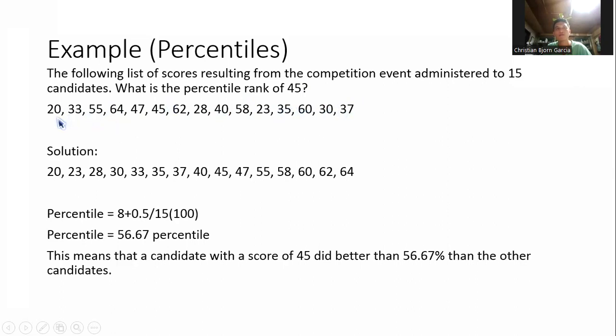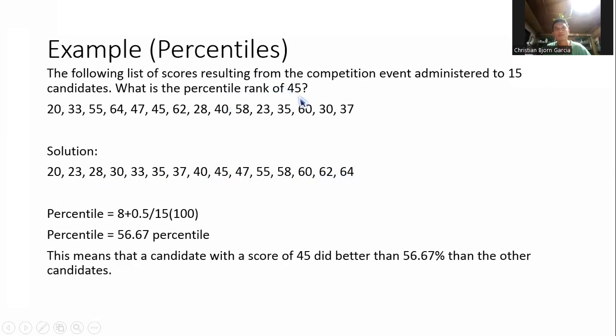Now, first we need to arrange the data in ascending order. So 20, 23, 28, 30, 33, 35, 37, 40, 45, 47, 55, 58, 60, 62, and 64.